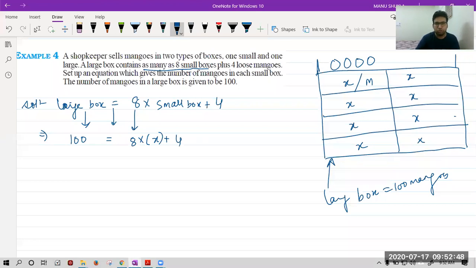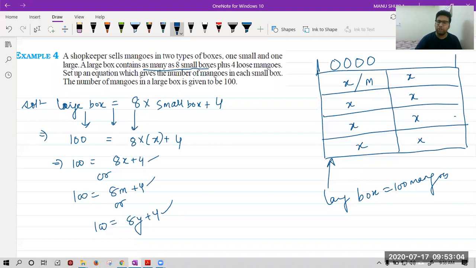It becomes 100 is equal to 8x plus 4. That's it. Yes, beta, you can take m also: 100 equal to 8m plus 4 or 100 equal to 8y plus 4, whatever way you want. You just need to understand the statement and then you can solve it very easily.